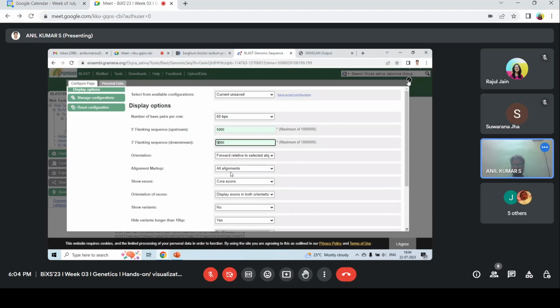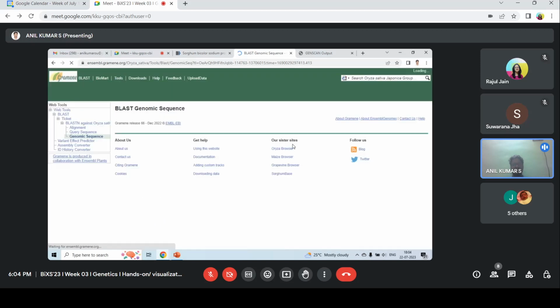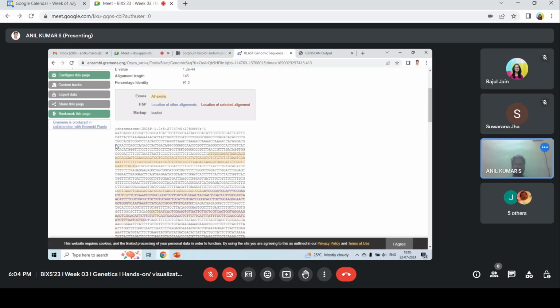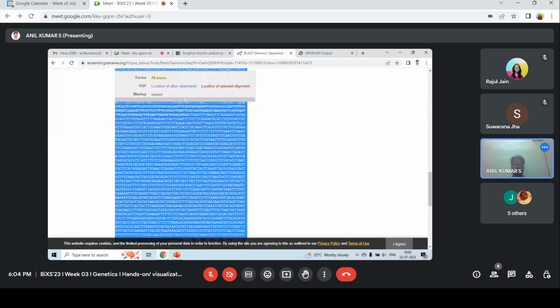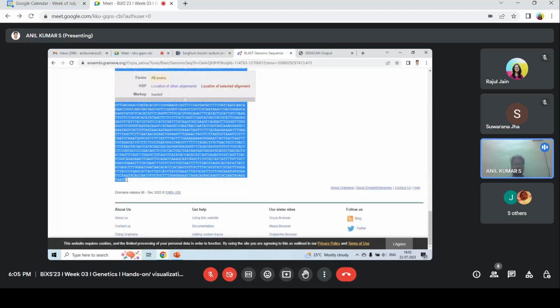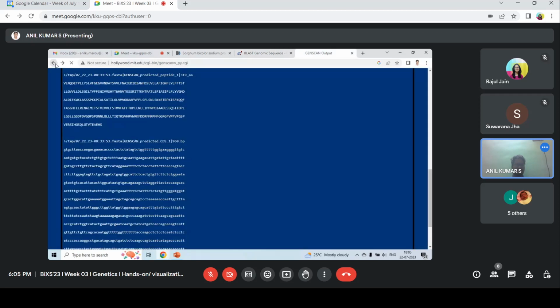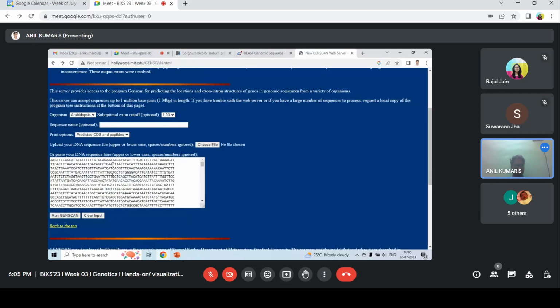Submit the sequence. You will get a much bigger sequence now. Copy the sequence and repeat the previous step again. Run GenScan.